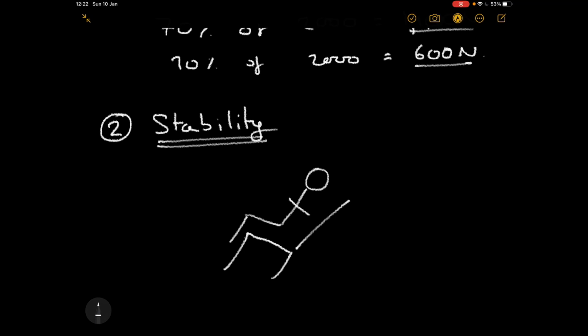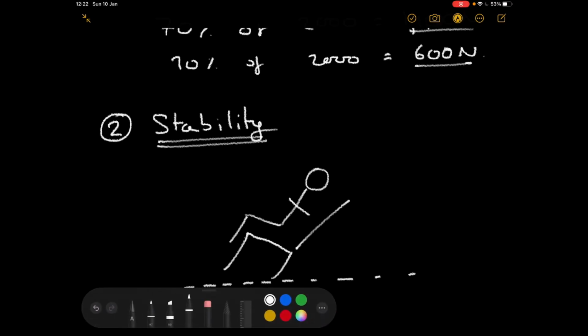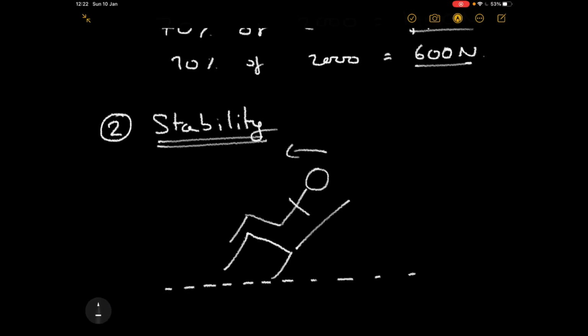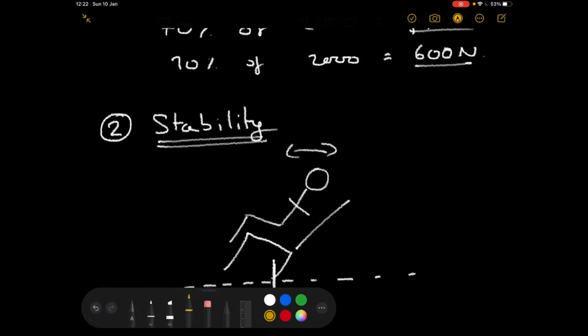Everybody at some point has done this. The bit where you push off and you're leaning back on your chair, and you naturally try to balance yourself by moving your body slightly forward or slightly back, because you're looking for what we call stability, where your chair doesn't go one way or the other.